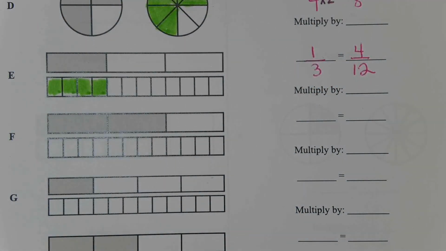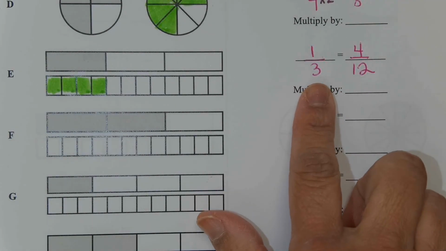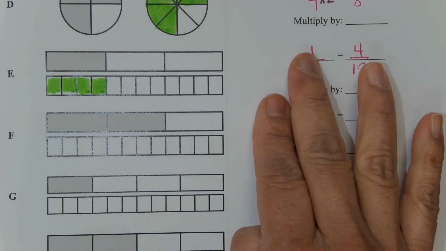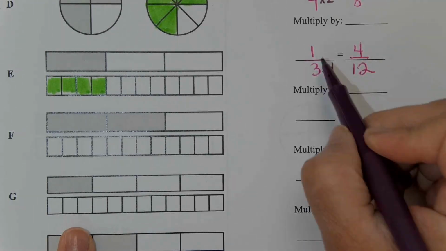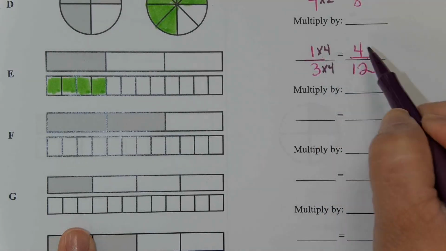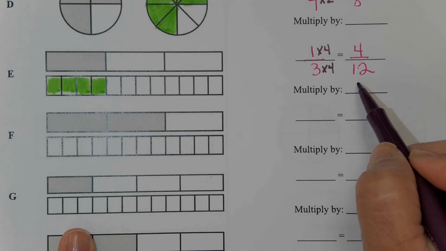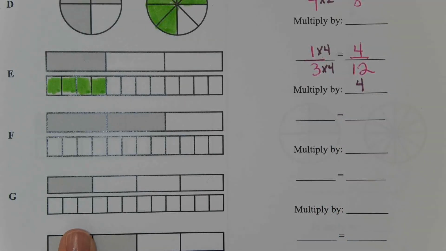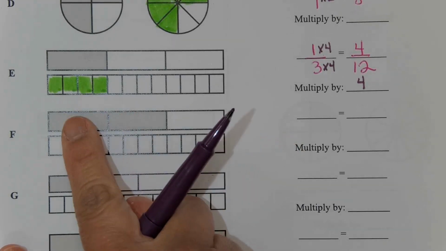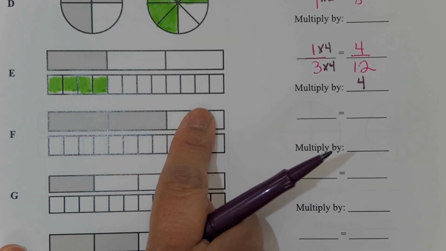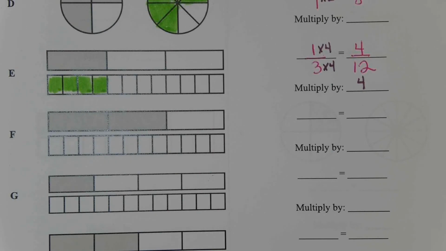We can multiply both numbers by, well, let's count by threes. 3, 6, 9, 12. Well, 3 times 4 equals 12. 1 times 4 equals 4. So we are multiplying by 4. Letter F, we have 2 shaded out of 3. So that's our fraction, 2 out of 3.